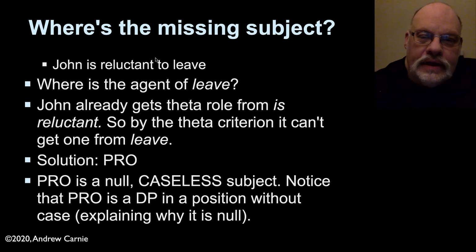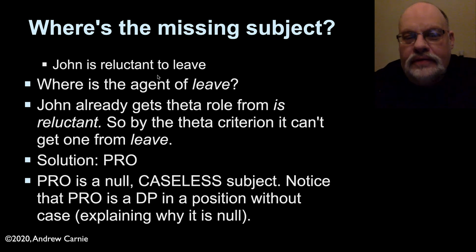And it has to be caseless because there is no case on the specifier of non-finite T. So the reason why it's null, it is claimed, is because it has to appear in a position without case. So this is the one exception to the case filter. It's a DP without case. But because it's null, that's going to be okay.